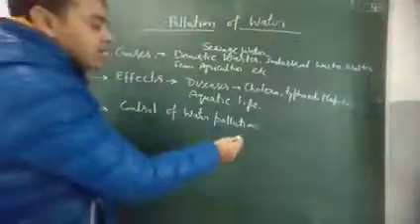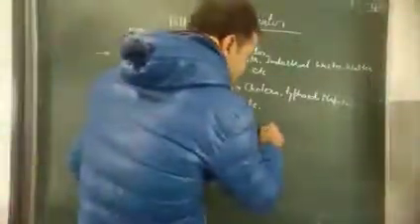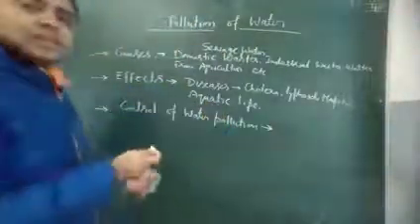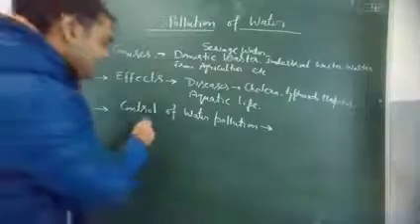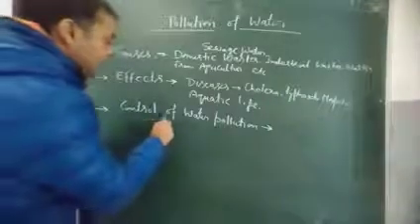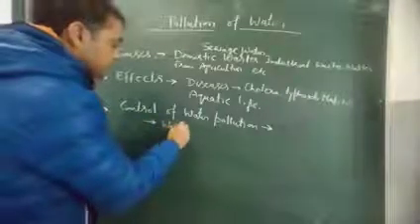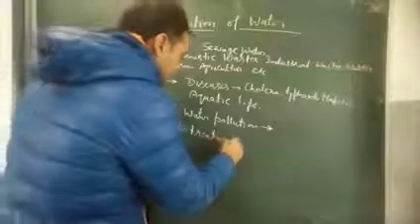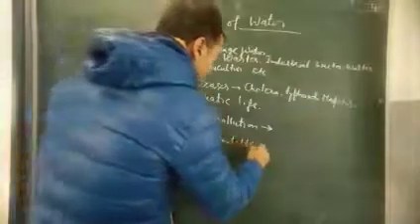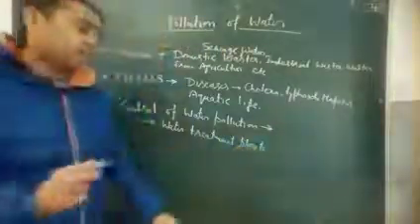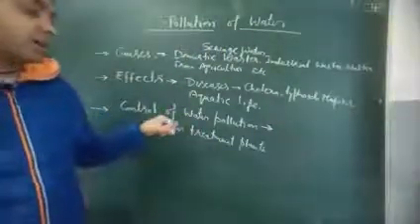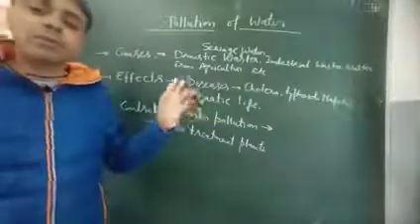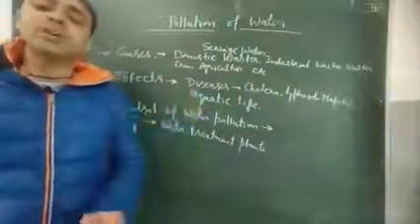Now how to control this water pollution? This is a very important thing that we have to follow. There are many ways we can control water pollution. Water should be treated; a water treatment plant should be there. Water treatment plants are the methods to purify the water before disposing it into any water body.